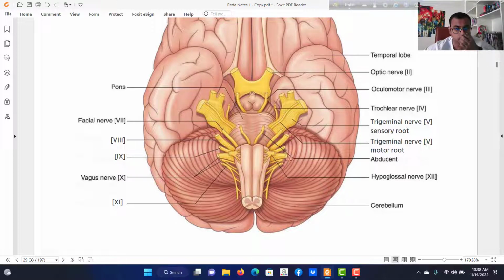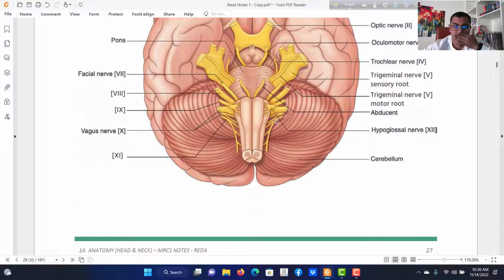Then abducens, then facial, at the junction between the pons and the medulla oblongata. Several different nerves come out through this junction. And this is the hypoglossal.